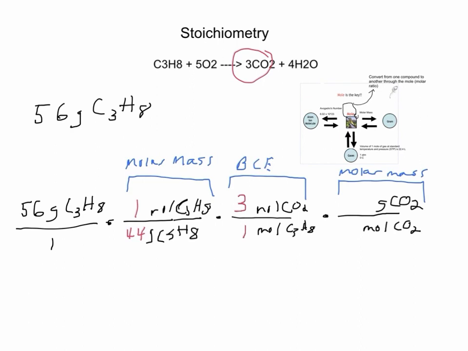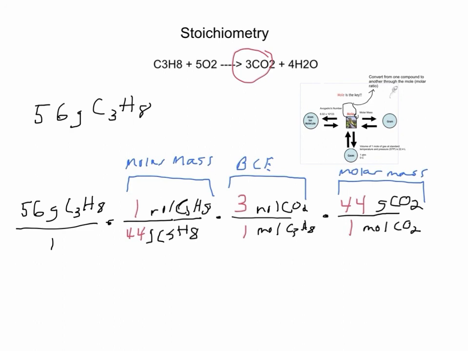And then we know that 1 mole of carbon dioxide has a mass of actually 44 grams as well. Carbon dioxide happens to have the same mass as propane. So we have all our numbers in.